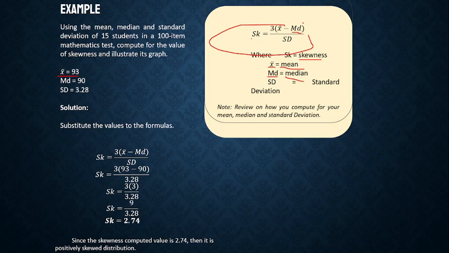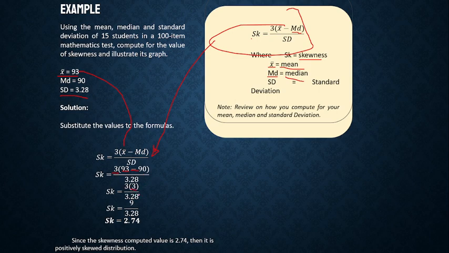So, to solve this one, we have our formula, no? We have our formula, and our given mo, no? Given na yan. Mean is equal to 93, the median is equal to 90, and the standard deviation is 3.28. So to solve this one using the formula, using the substitution method, remain 3 because 3 is our constant number, and the value of our mean is 93, and the value of our MD is 90, so minus lang yan, no? So 93 minus 90 is 3, no?